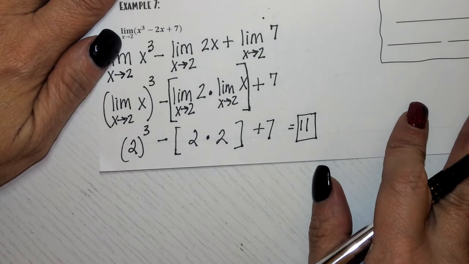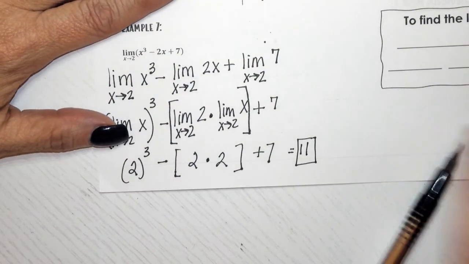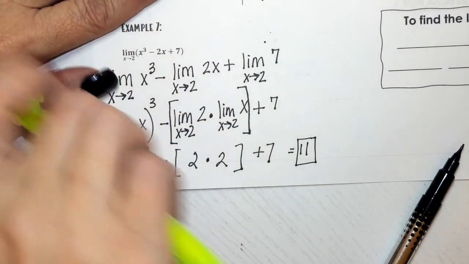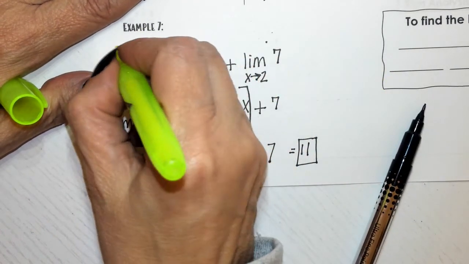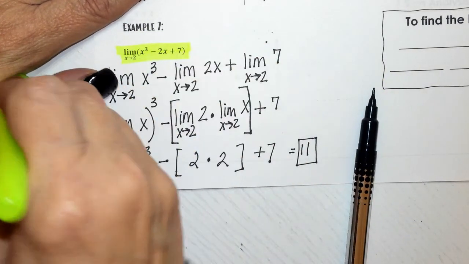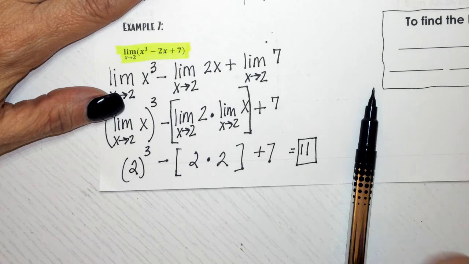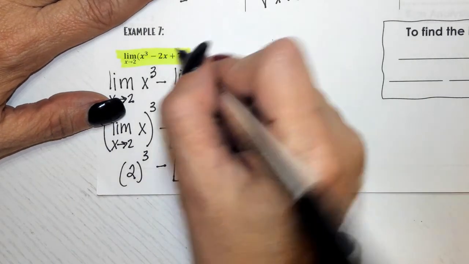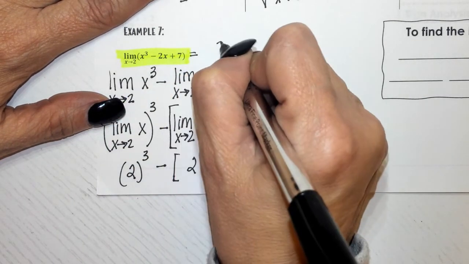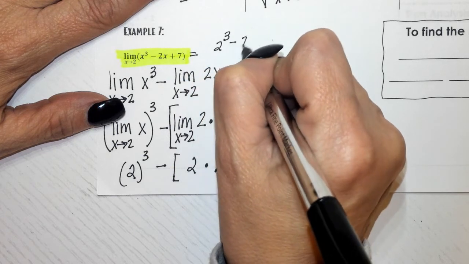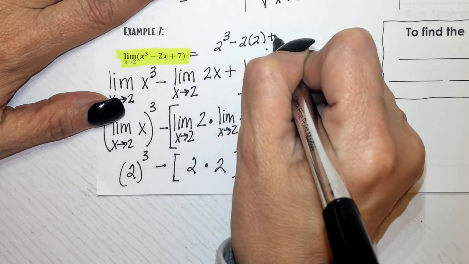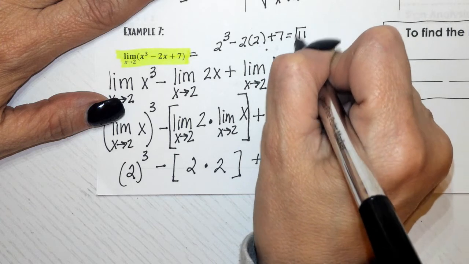Now, here's what some of you may have already done. You may have said, oh my gosh, Mrs. Dean, what if you go back up here and can you just plug that in? Seriously, Mrs. Dean, what if you said 2 to the third power minus 2 times 2 plus 7? Isn't that 11?